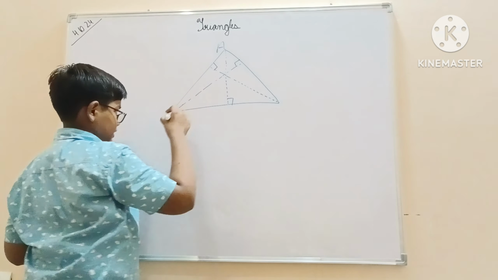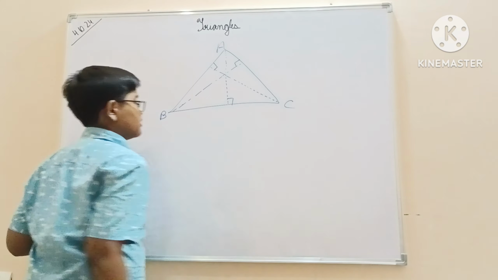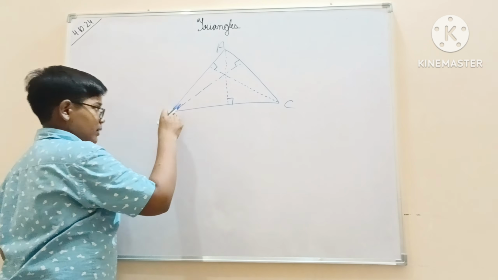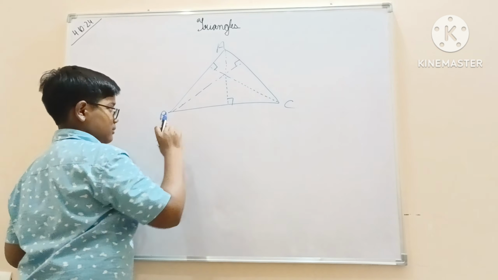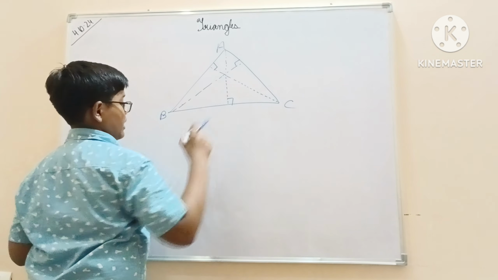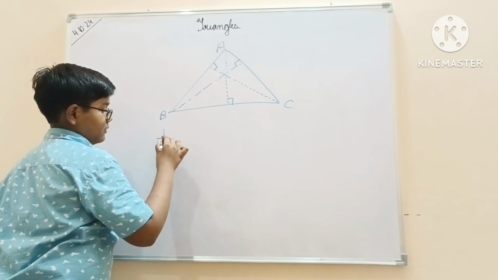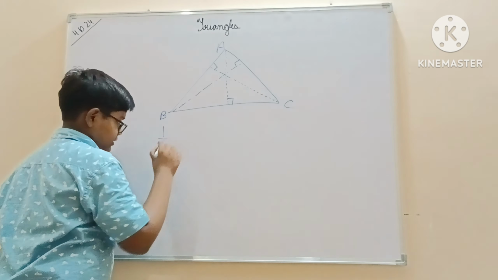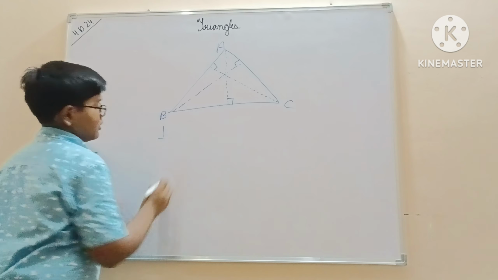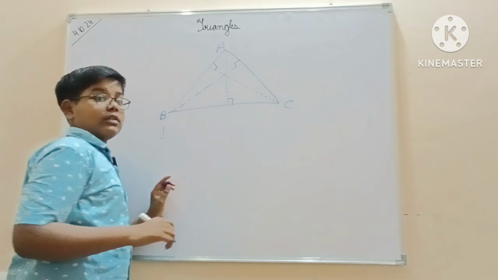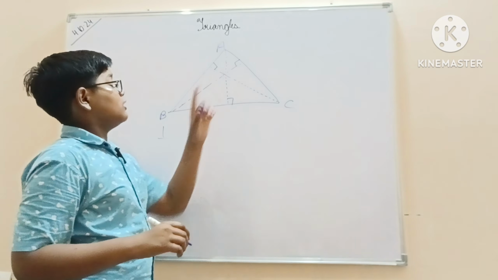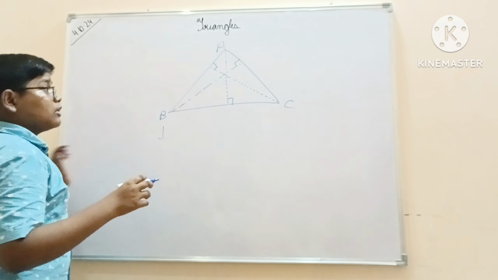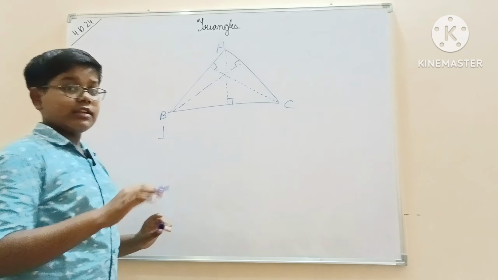This triangle has vertices A, B, and C. A perpendicular is drawn from the vertex B, and a perpendicular is a line which forms 90 degrees, and it is denoted by this symbol. This is the perpendicular from B, which forms 90 degrees here.